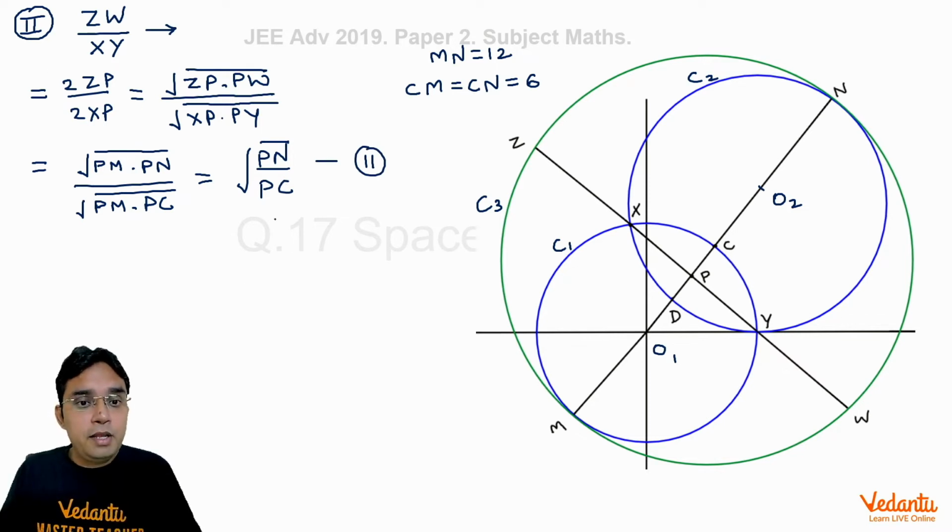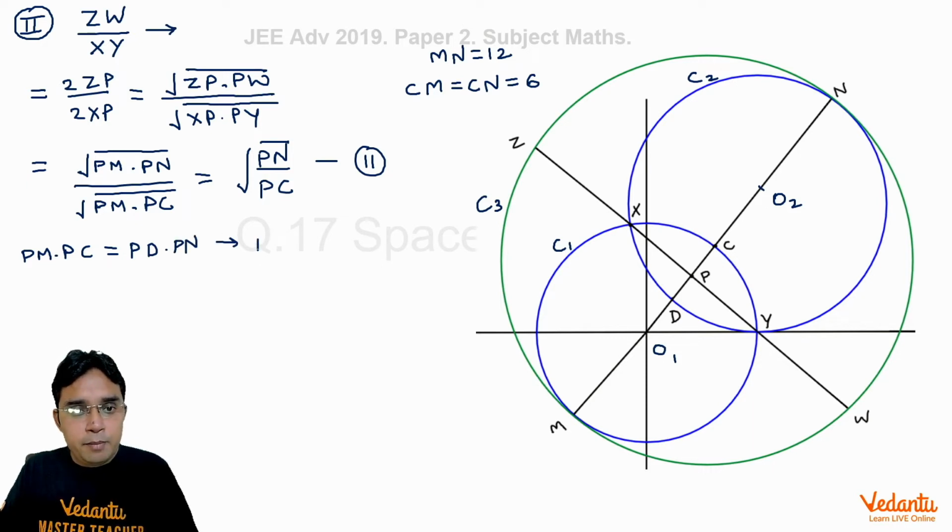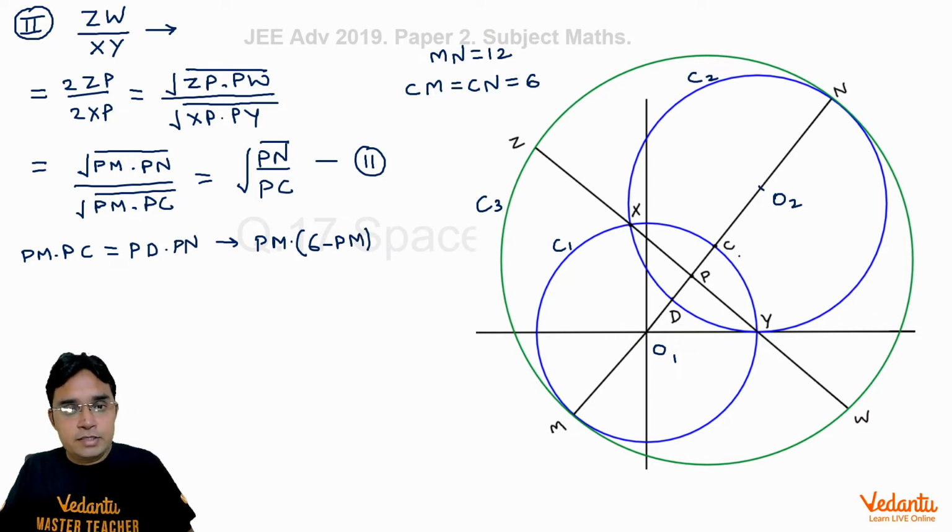Now to find the ratio PN upon PC, I am going to use the fact that P lies on the radical axis of circle C1 and C2, which means product PM into PC will be equal to product PD into PN. This PC can be written as 6 minus PM, because M to C length is 6, the diameter of circle C1.